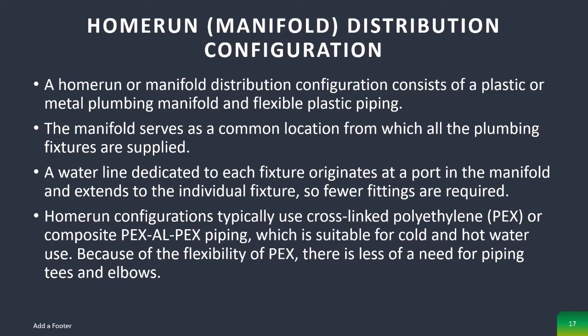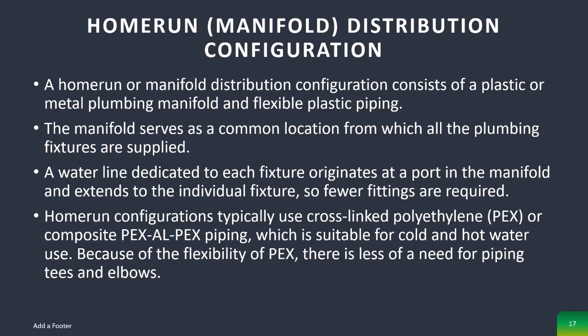Pero doon, pag kailangan ng bends, gumagamit ng elbow. And pag may intersection naman, gumagamit ng tee. Samantalang dito, sa home run manifold, hindi kailangan ng elbows and tees kasi gumagamit tayo dito ng flexible plastic piping.